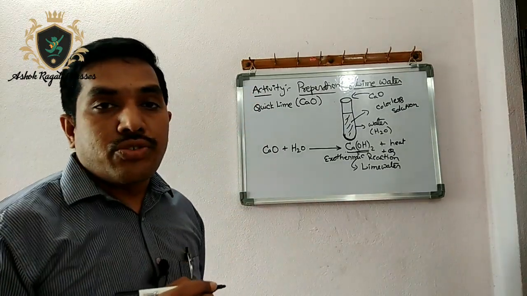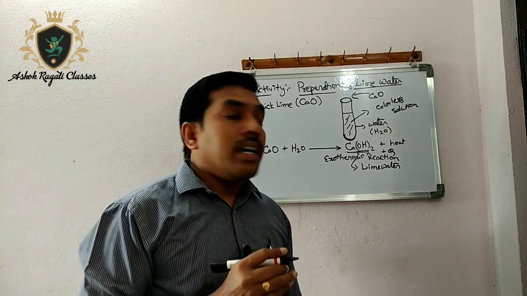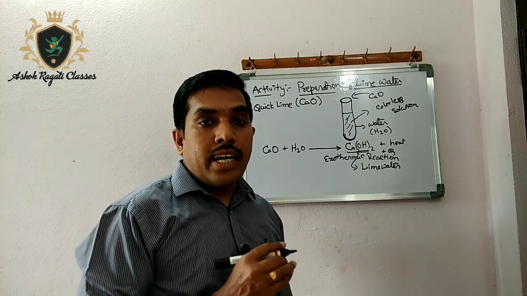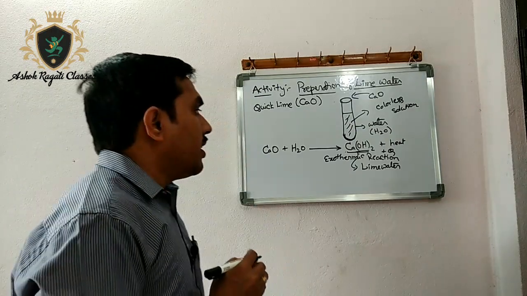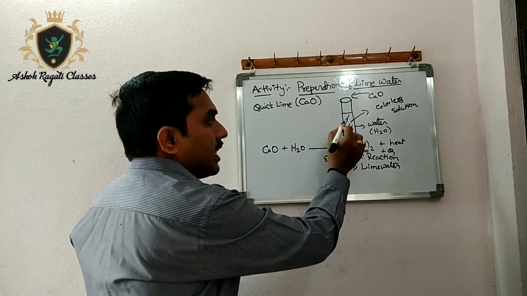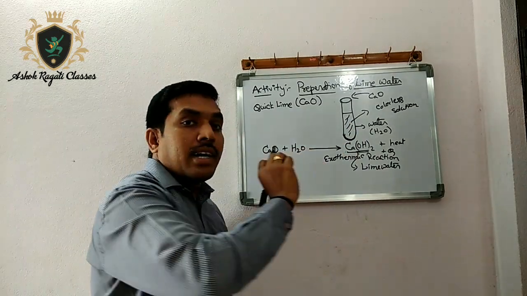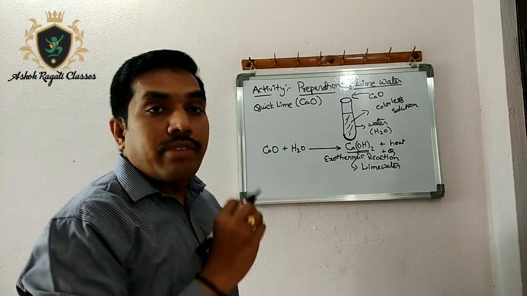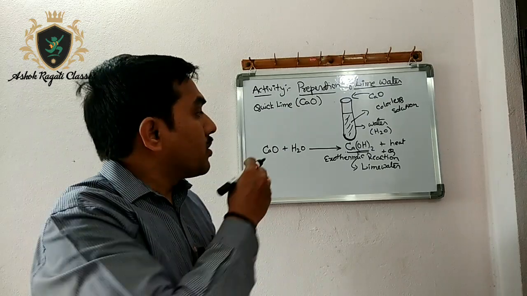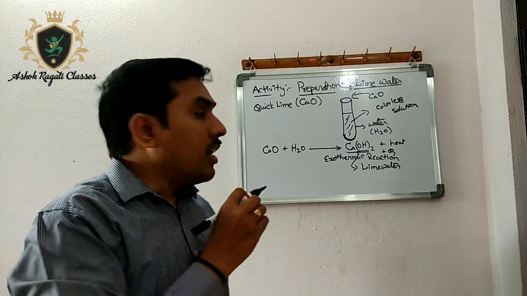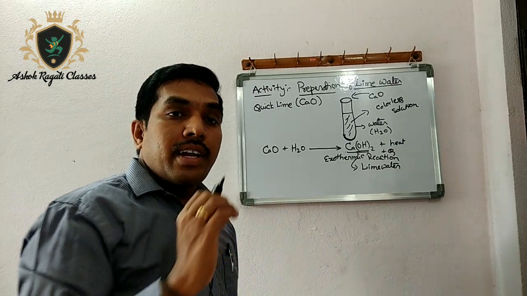So Ca(OH)2, a colorless solution, is called lime water. Understood? Now we are going to test the nature of this lime water.